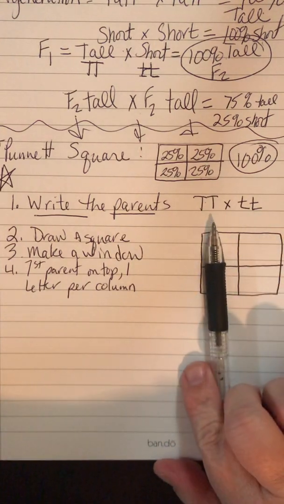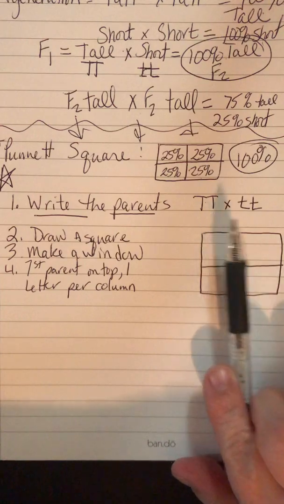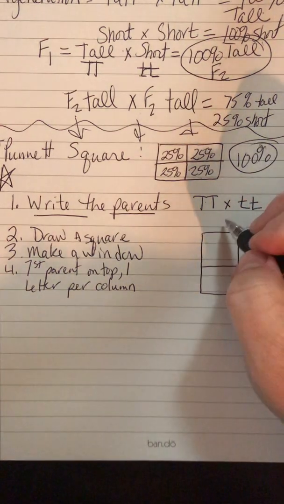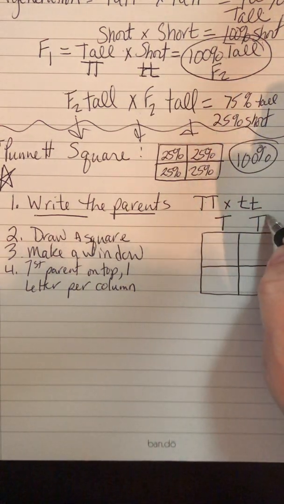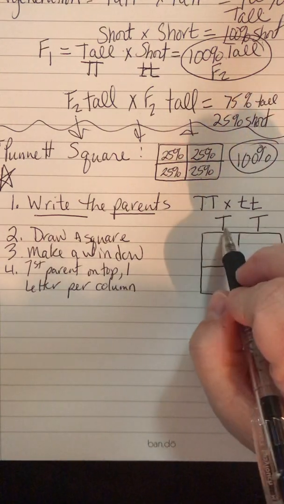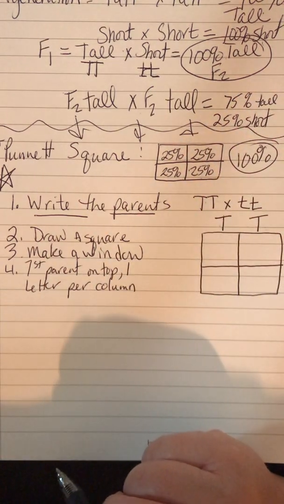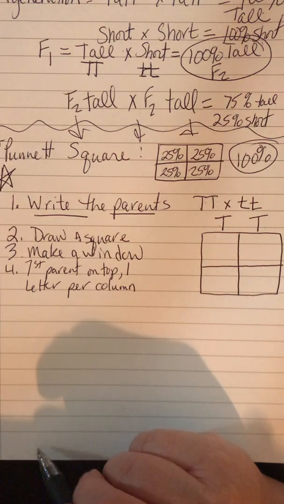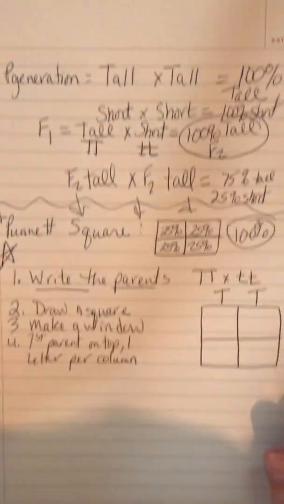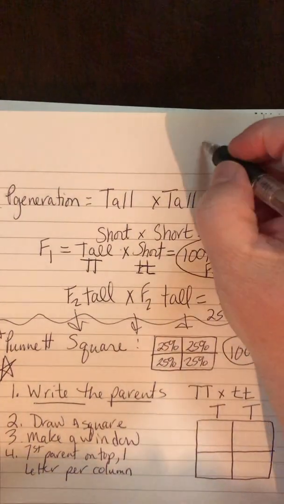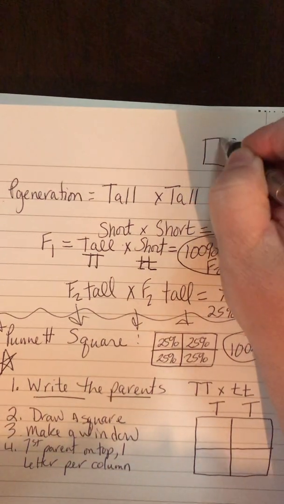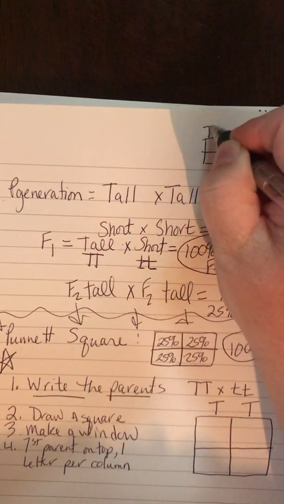And you'll notice that there's 2 columns, 1, 2. And I'm going to write the first parent on this top. One letter, because there's 2, per column. Something that I see people do that I don't want you to do, and I'll write it up here because I don't want to ever look at it again, is if this is your Punnett Square, they write this.